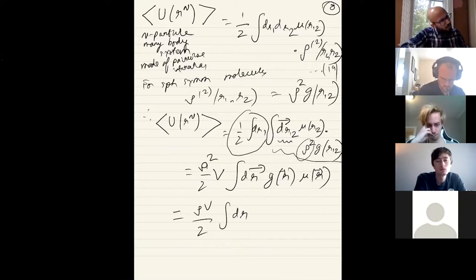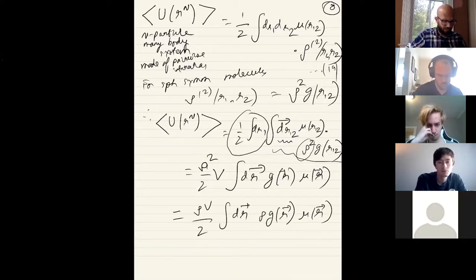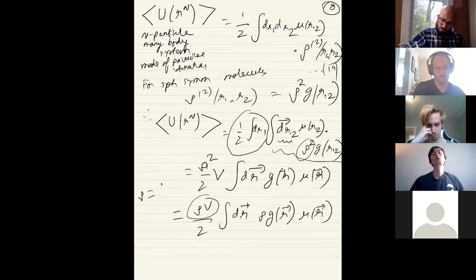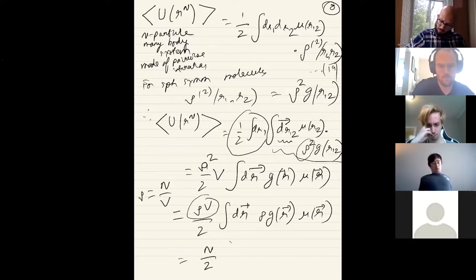Should I keep the vector? Let's keep the vector for now. Integral of d r, rho g of r, small u of r. One rho has been brought inside. What is rho multiplied by V? That's the number, because rho by construction is N by V. So this is N by 2 integral of d r, rho g of r, u of r.